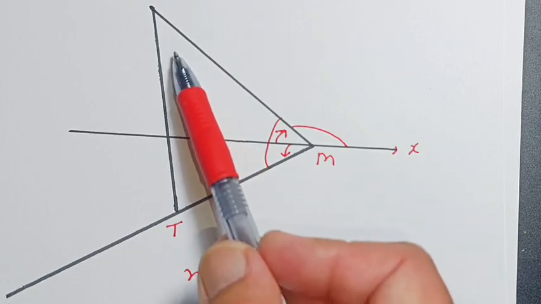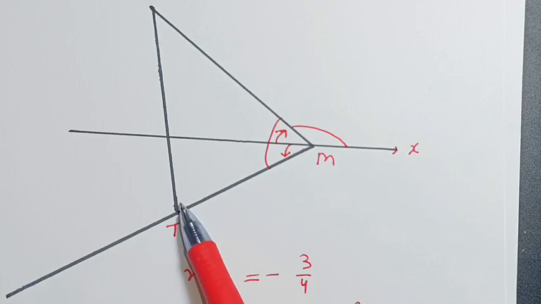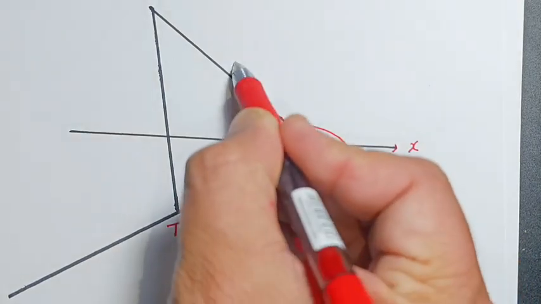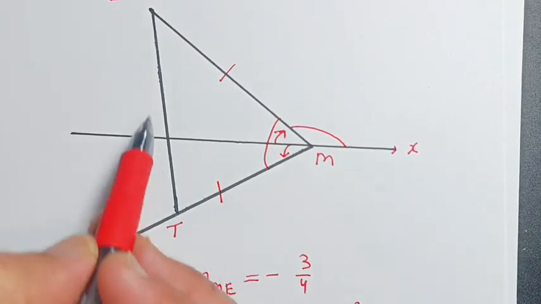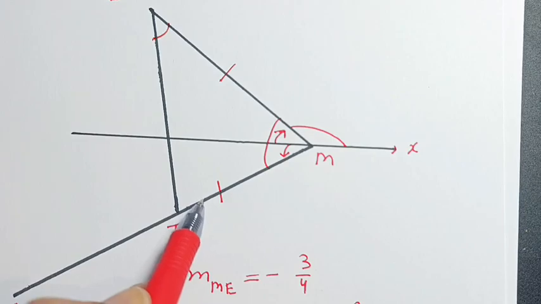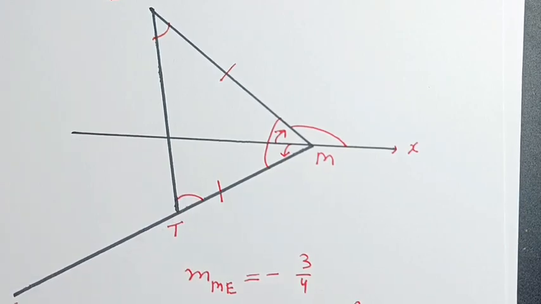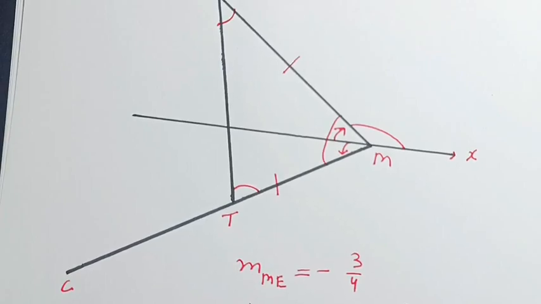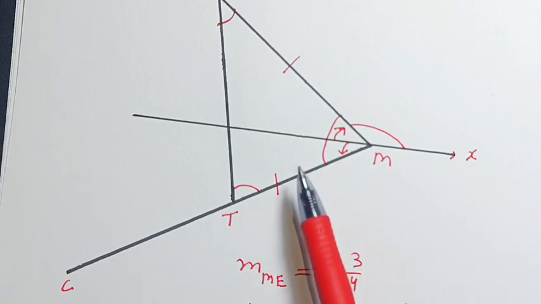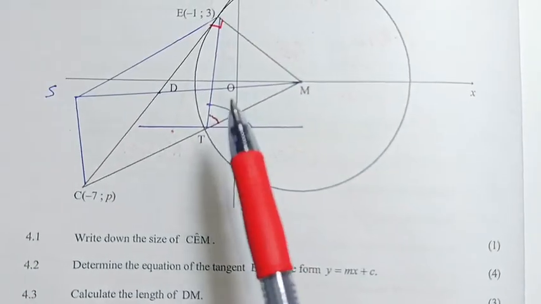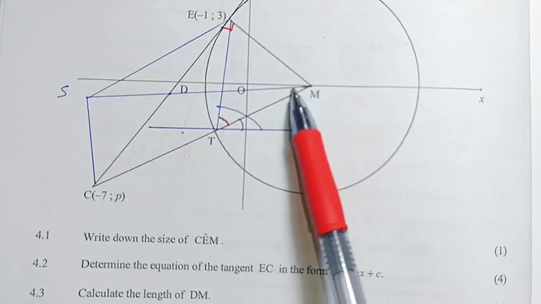Now we can use the sum of angles in a triangle to find angle T, because you must remember this is an isosceles triangle. Both sides are equal, which means this angle is going to be equal to this angle. So the angle EMT, we add both of these, this one and this one.